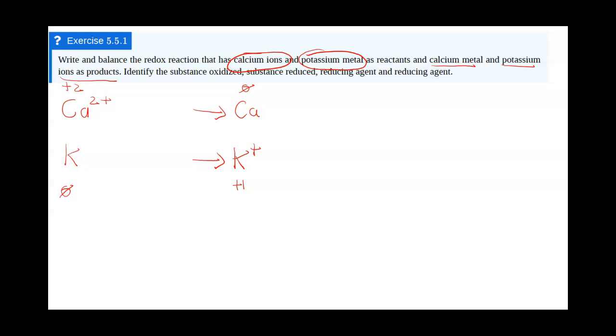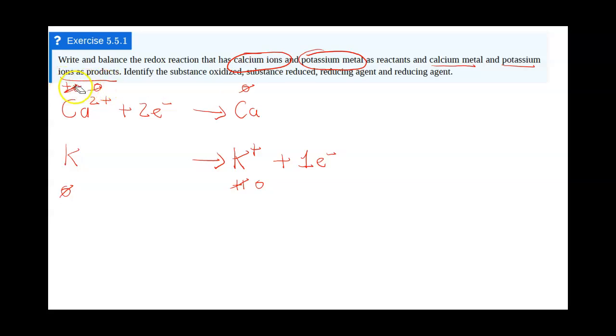Having done that, you want to add in electrons to the more positive side until the charge is the same on both sides. So here I want to get +1 down to 0, so I'll be needing to add in 1 electron. And up here I want to get +2 to 0, so I'll be needing to add in 2 electrons.